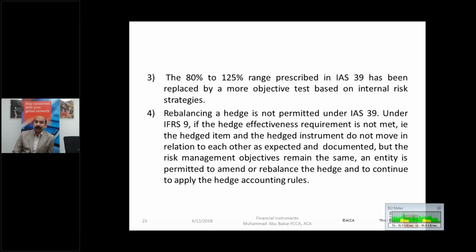I mean, you rebalance your hedging arrangement. This was not allowed under IAS 39. Under IFRS 9, if the hedge effectiveness requirement is not met, the hedged item and the hedging instrument do not move in relation to each other as expected and documented, but the risk management objectives remain the same, an entity is permitted to amend or rebalance the hedge or to continue to apply the hedge accounting rules.